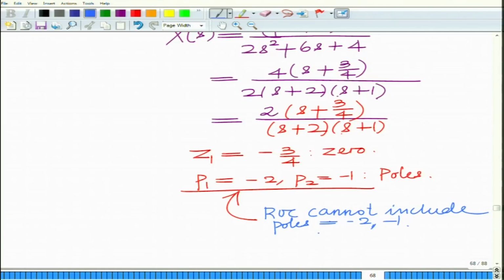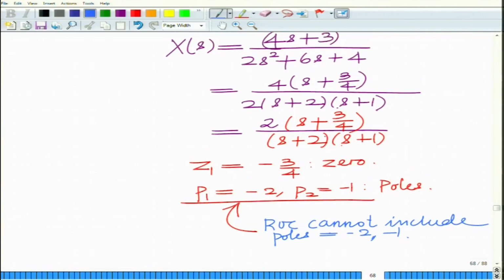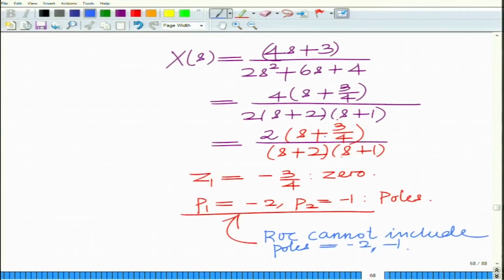ROC cannot include poles that are equal to minus 1. So, the poles are minus 1 and minus 2, and the ROC cannot include poles. Also, you can see that m, the degree of the numerator polynomial, is 1 and n is 2. So you have m less than n, which implies this is a proper rational function.